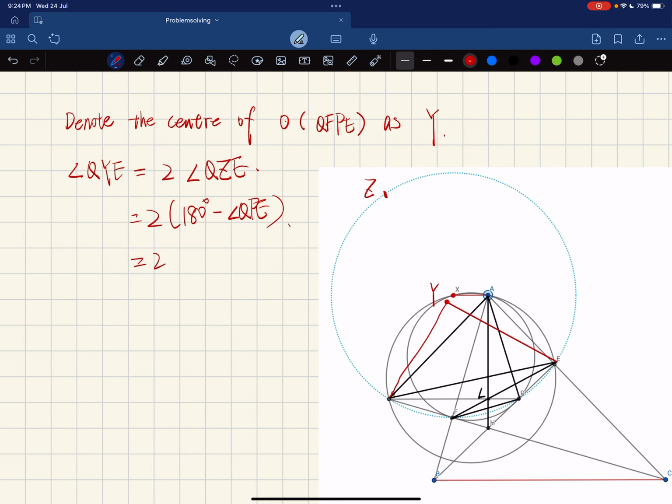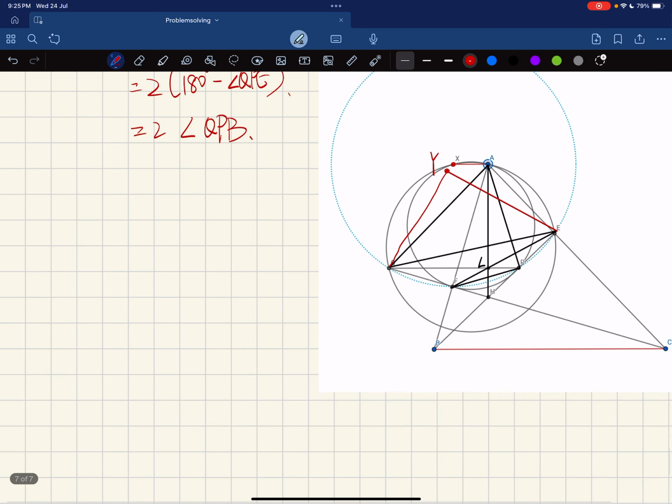And according to the parallel lines we have, the angle QPE equals the angle EBC.